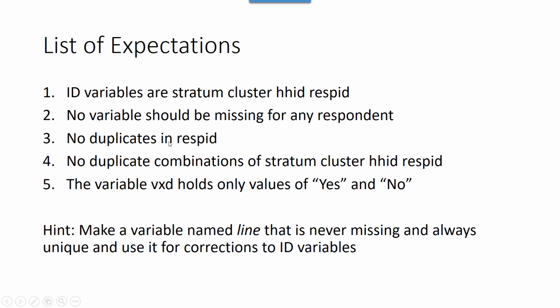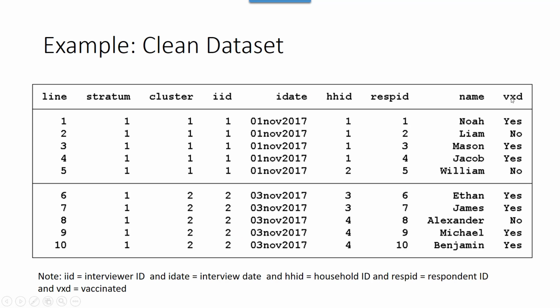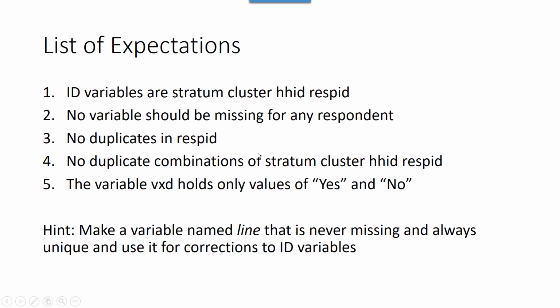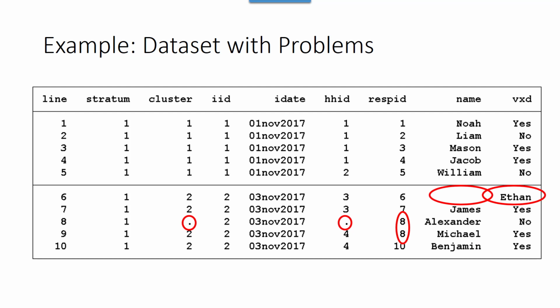That's a unique variable in the whole data set. And that the combination of 4 ID variables, stratum, cluster, household, and respondent, would not be duplicated. And I also expect that the variable VXD holds only values of yes or no. So we're going to look at how we would find those exceptions.